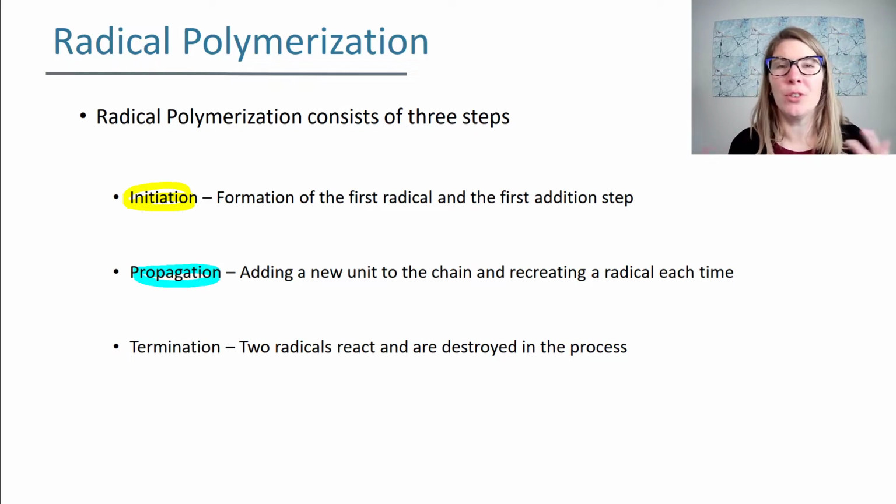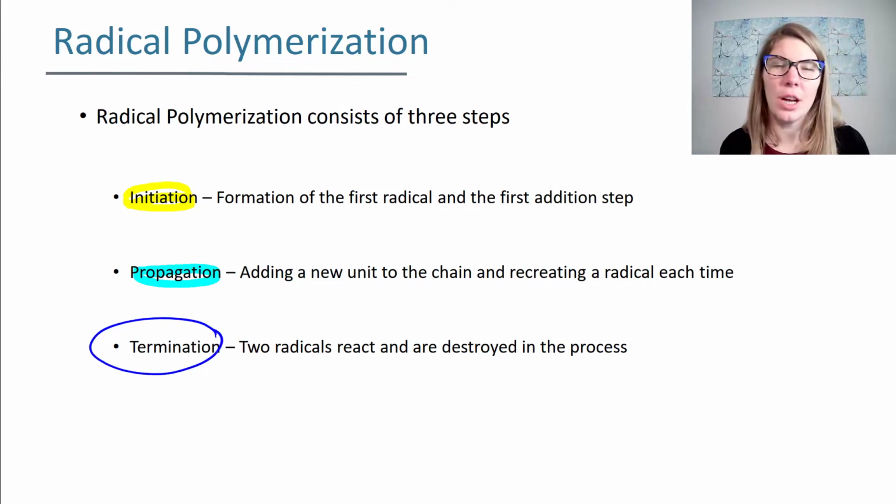This is where most of the reaction is happening, right? After you have formed that initial radical and done the first addition, then that radical just keeps reacting with monomer over and over and over again until you start to run out. Then the final step is called termination, and this is where 2 radicals are going to come together and react, and then the result is no radicals at the end.